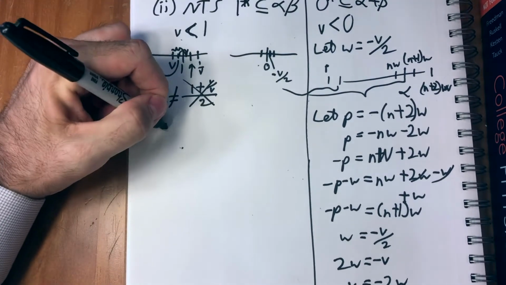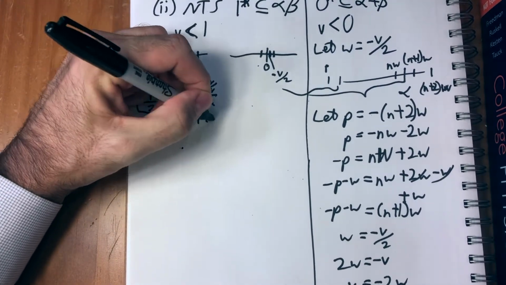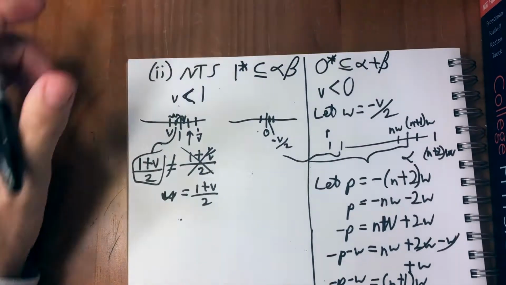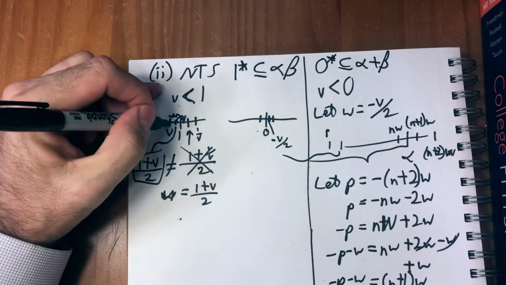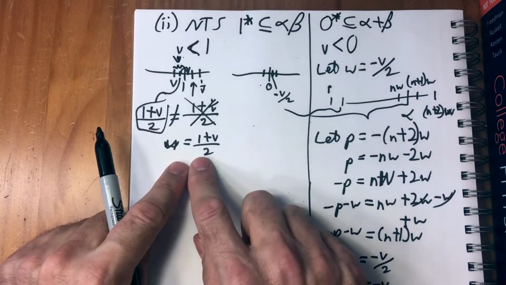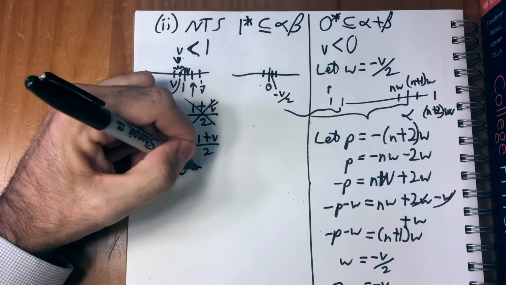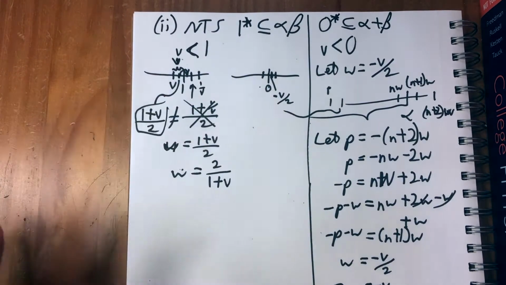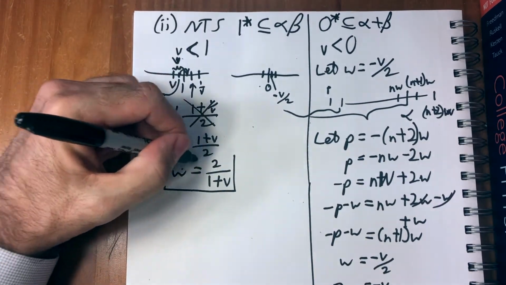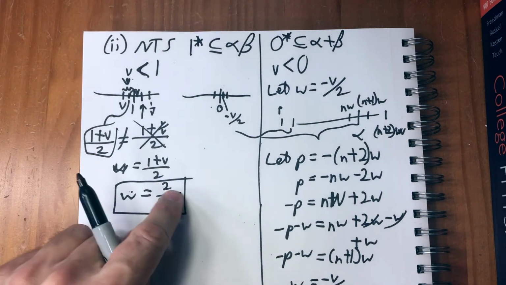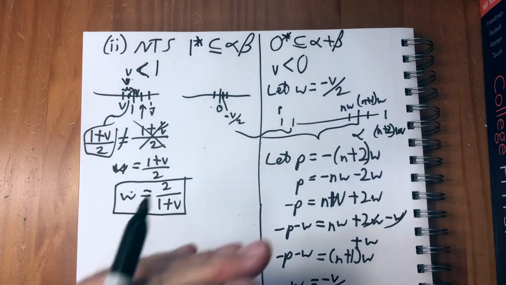So 1 plus v divided by 2 is this number here. Then we want the inverse of that. So we want w to equal the inverse of this, which is 2 over 1 plus v. Okay, so we're going to use this number and see how far we get.